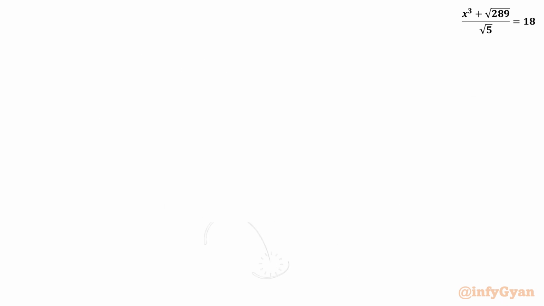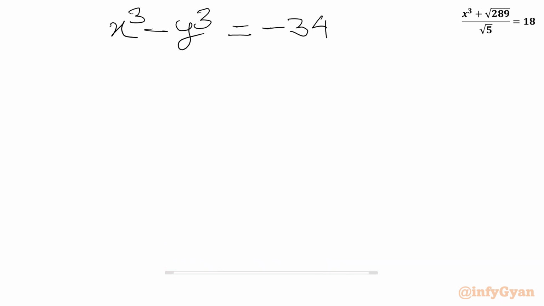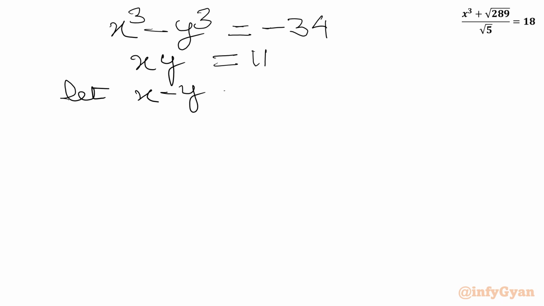Now I will be writing equation 1 first. x cube minus y cube equal to minus 34 and xy equal to 11. Now let us assume x minus y equal to m. Now we will use the x minus y whole cube formula.